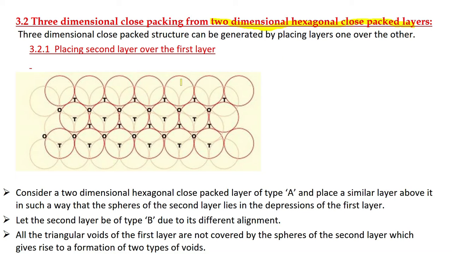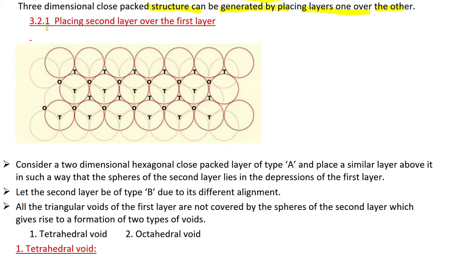First we will study how 3-dimensional close pack structures can be generated by placing the layers one over the other. Now how can we place the layers one over the other? The first step is placing the second layer. We already have one layer from 2-dimensional close packing, and now we are going to place a second layer over it.